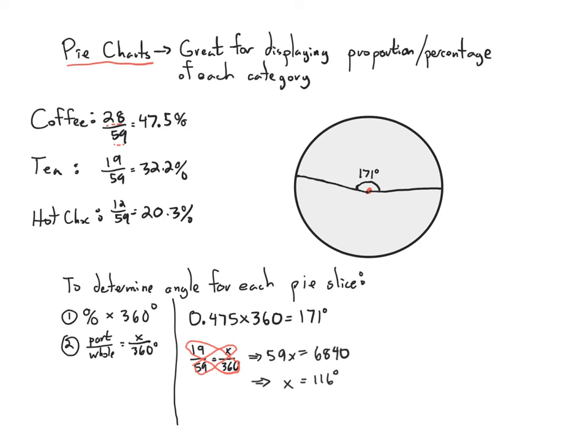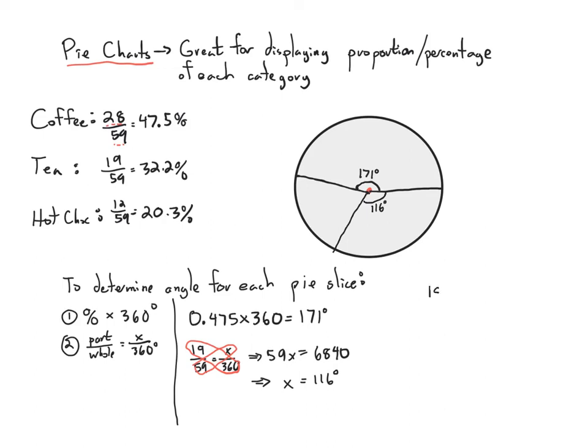So 116 degrees, maybe I'll make this slice here. 90 degrees is a quarter of the circle, so I want just a bit more than a quarter. So it'll be somewhere around here. So this would be 116 degrees. And finally, you could work out the other one, but it's just going to be the rest of the circle.